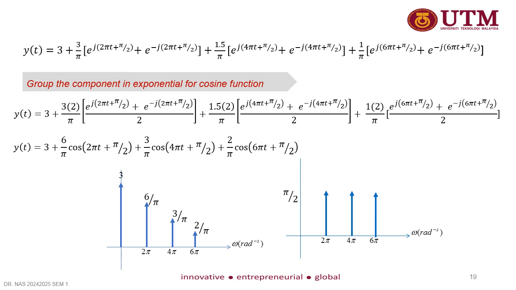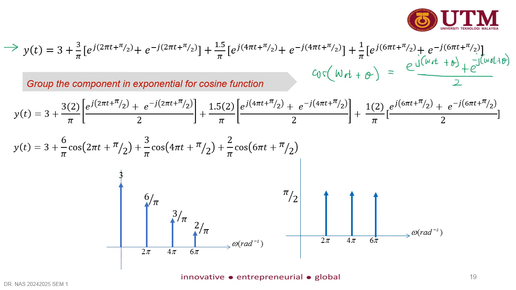From the previous slide, this is the complex exponential Fourier series. Then you can convert this exponential into sine or cosine function. Remember, if you have cos(omega naught t plus theta), in exponential form it will be e^(j(omega naught t plus theta)) plus e^(minus j(omega naught t plus theta)), divided by 2.